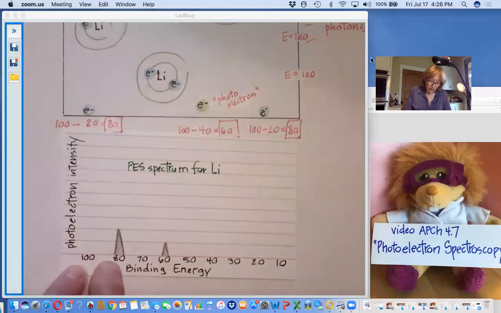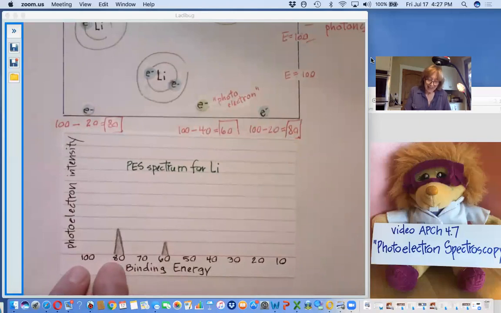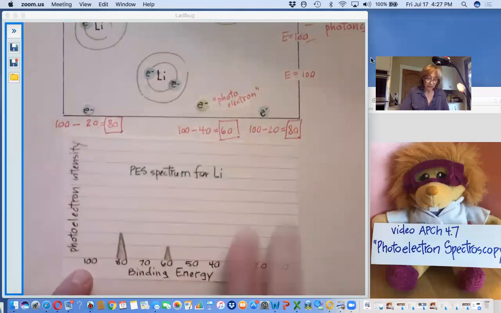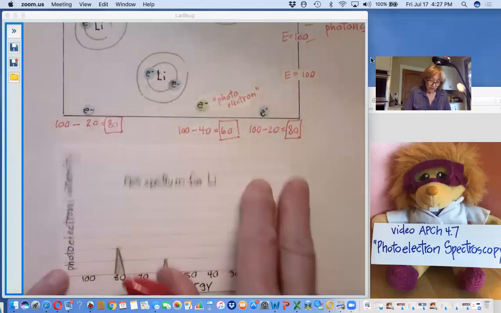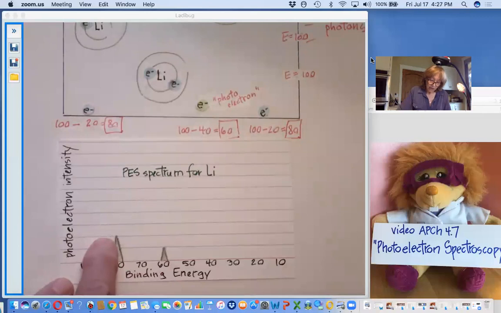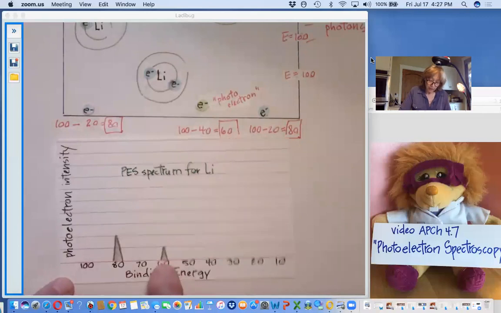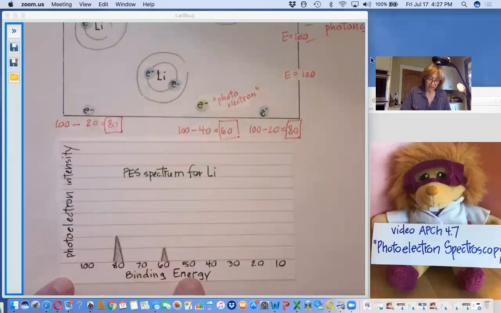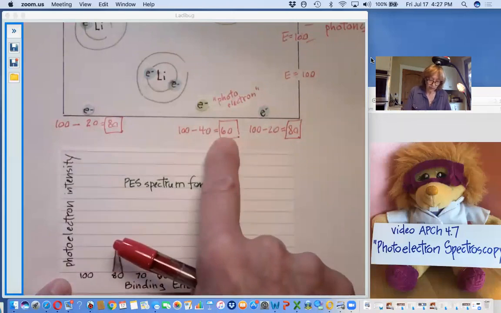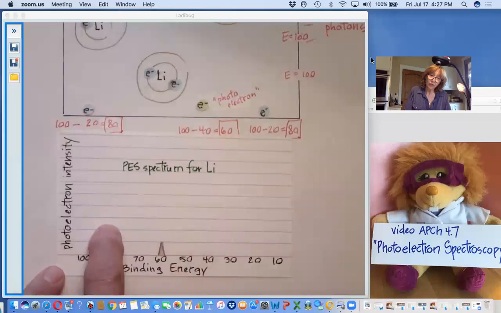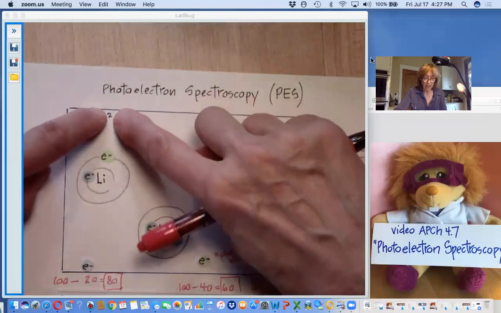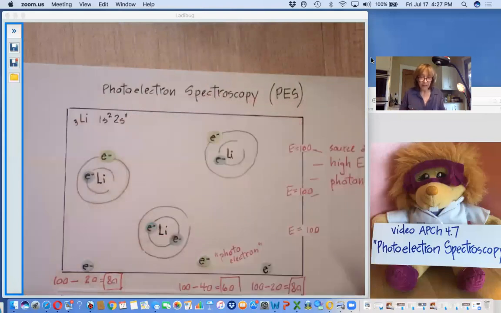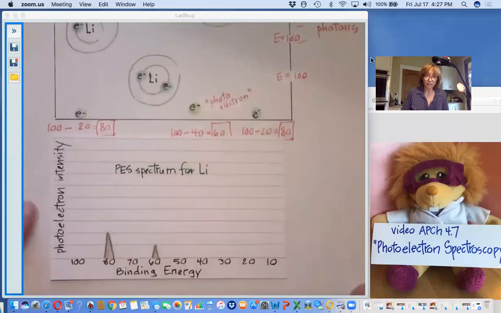The peak that represents 80 for the binding energy, these two guys, is twice as tall as the peak for those that were held with binding energy of 60, the valence electrons. And the reason this peak is twice as tall as this one is because there were twice as many of them as the easier valence electrons.